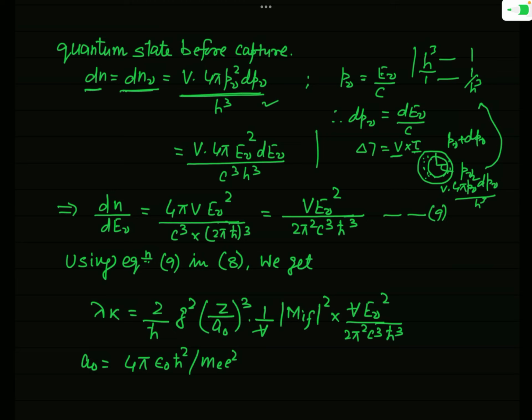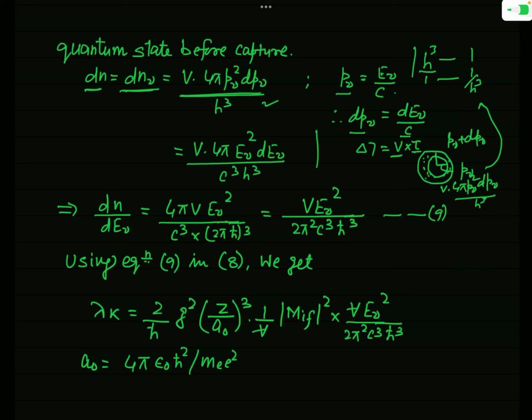Now you know that the momentum of the neutrino P nu is equal to E nu by c, because its rest mass is 0, just like a photon. And so dP nu is equal to dE nu by c. So now we will change P nu to E nu by c and dP nu to dE nu by c.